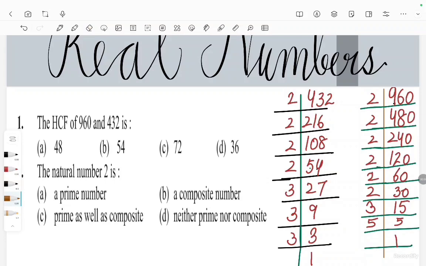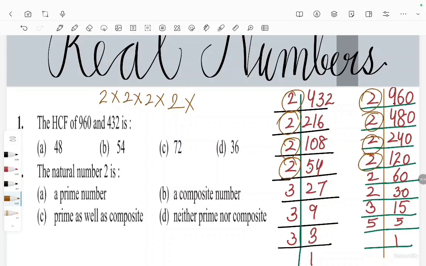You can see the common factors are 2, then these two are also common, then 3. So what will be the result? 2 into 2, 4, 2, 8, 16, 48. So our answer is 48. Done.